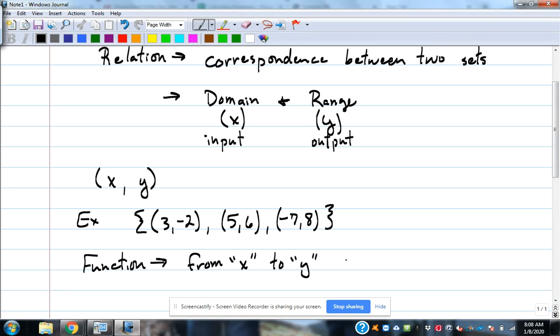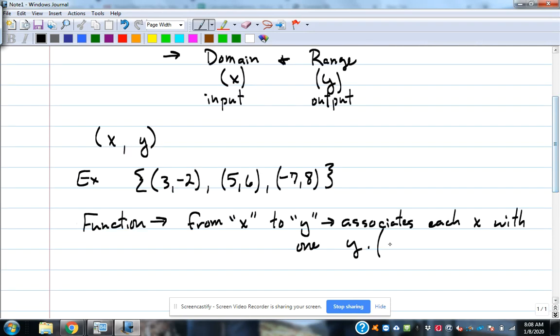It associates each x with one y. And the shorthand way of remembering that is it doesn't repeat what? X's. It can repeat y's, and that's okay, but you cannot repeat x values to be a function.